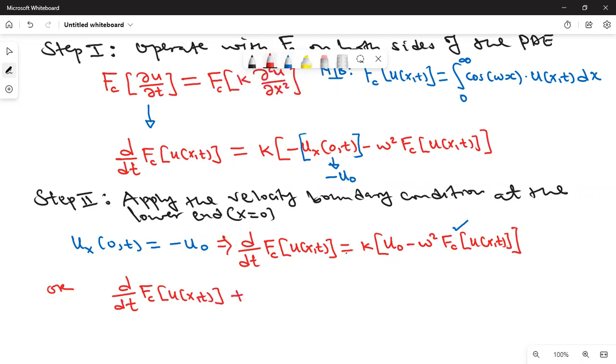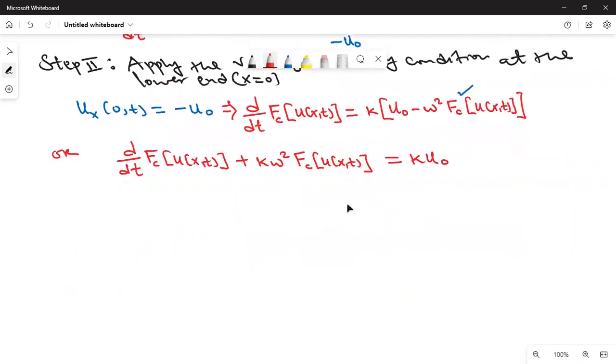So there's a plus k omega squared Fourier cosine transform of u of x,t. On the right-hand side, now we have k times u naught. U naught is a constant. Now, this is an ODE of the first order.